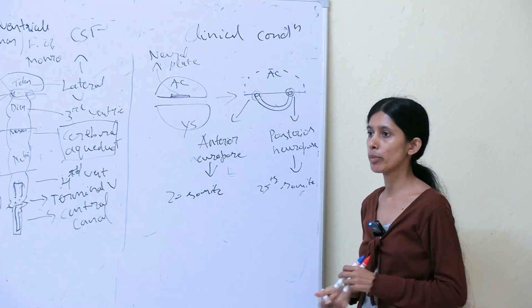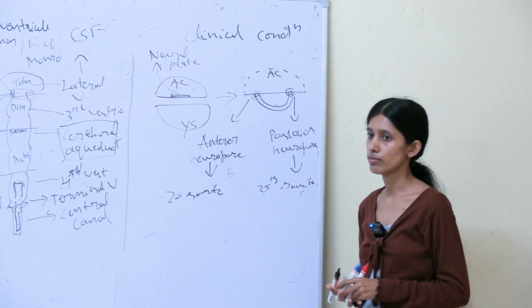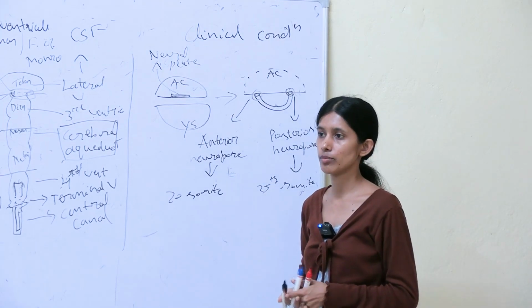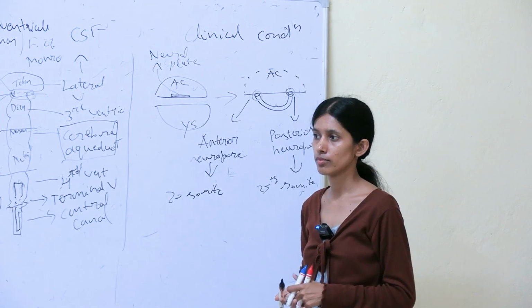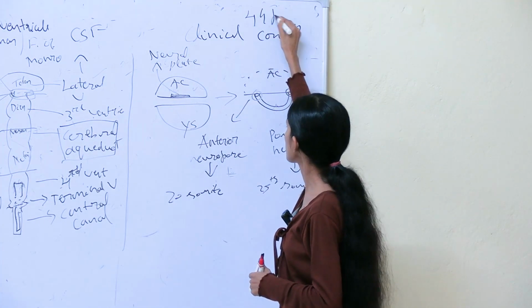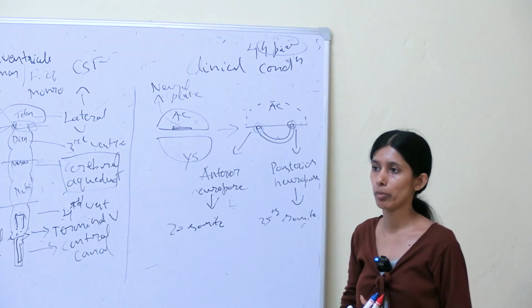So total how many pairs of somites are there? Total there are 44 pairs of somites in the developing embryo. Okay.